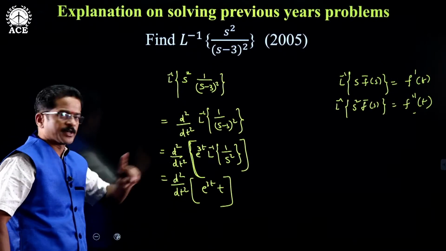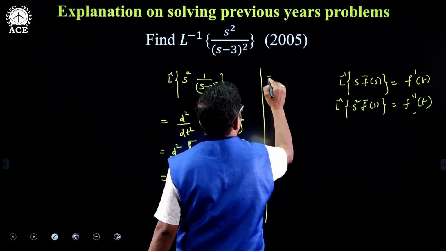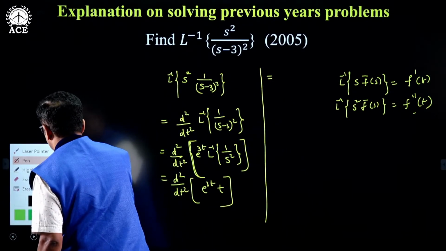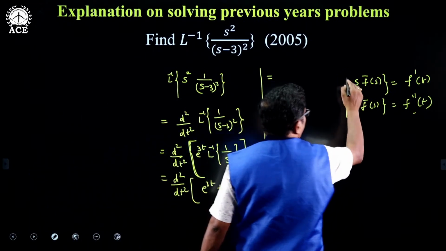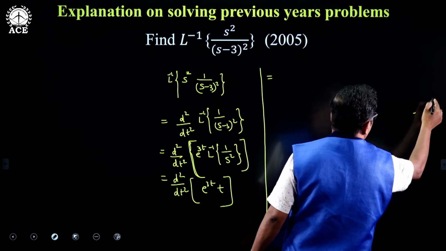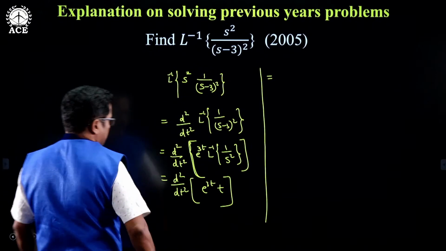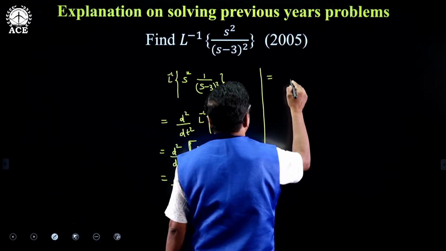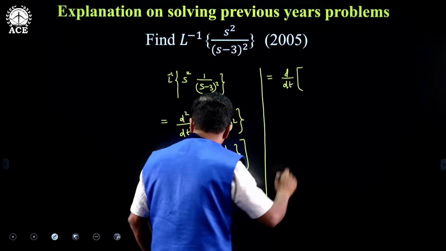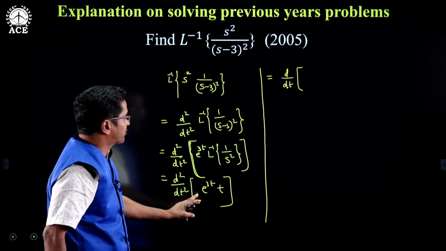Okay, now you have to differentiate. So first time differentiation, which is equals to d by dt of, so one time I am doing differentiation, one d by dt also left over.